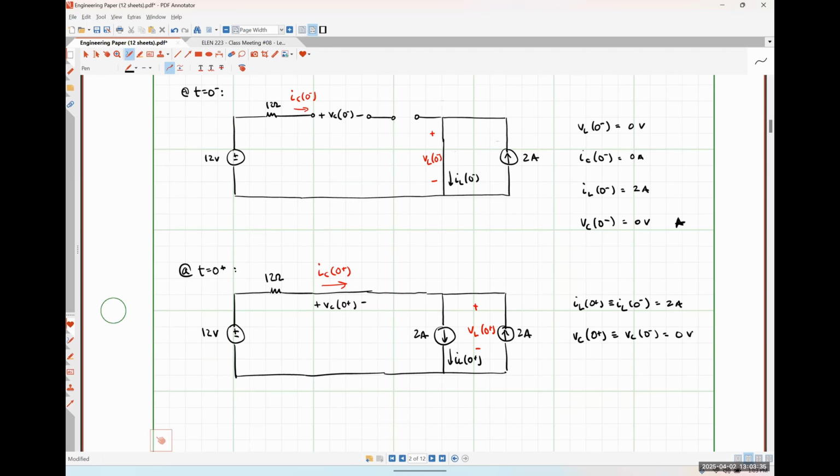And I feel pretty strongly that we could apply Kirchhoff's current law and figure out what IC at 0 plus is here pretty easily, right? So we have IC at 0 plus flowing in, 2 amps flowing in, and 2 amps flowing out. So IC plus 2 is equal to 2 says that IC is 0 here. And I'm just going to put a note from KCL.